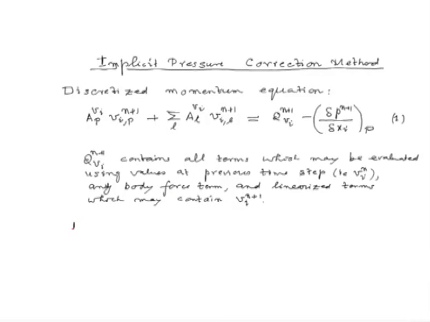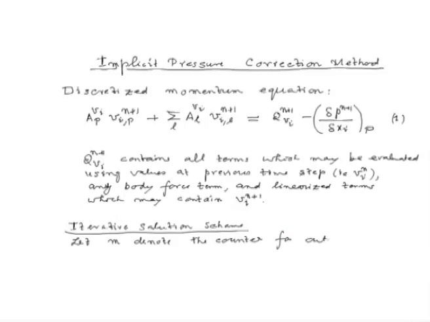Now, to start off the iteration process, we want to devise an iterative solution scheme, and let us use the symbol m to denote our outer iteration. So, let m denote the counter for outer iterations.